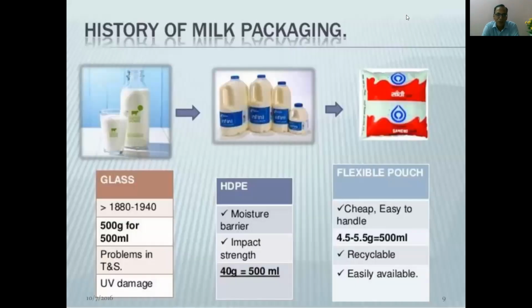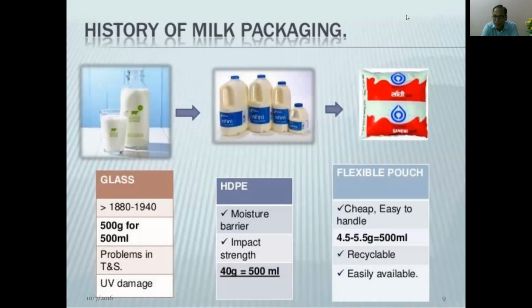You can see the history of milk packaging changes like this. Before it was the glass bottles, then came the plastic cans, and then the plastic pouches. Mother Dairy was the first dairy which started these glass bottles. You go to the milk booth, collect these bottles, and bring them home.